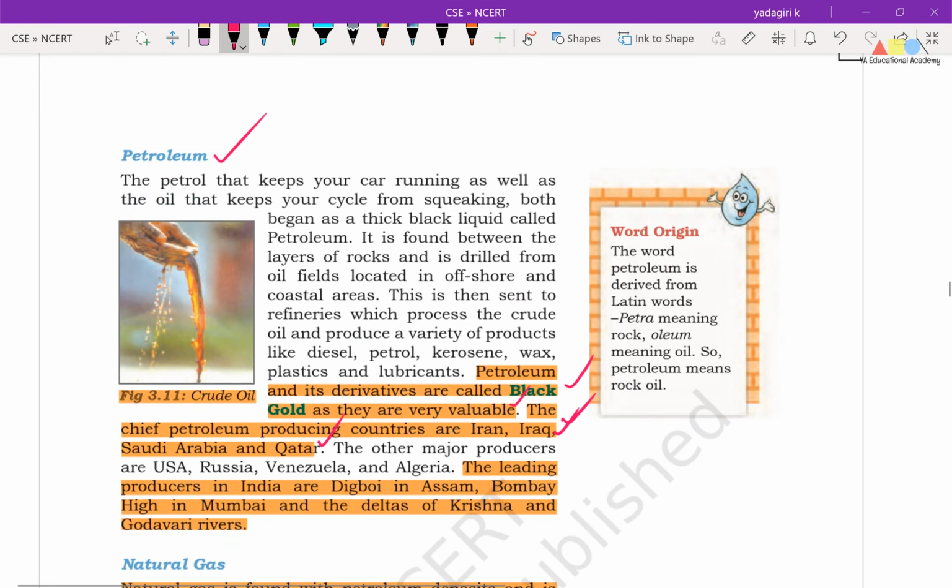Right friends, the leading producers in India are Digboi in Assam, Bombay High in Mumbai, and the deltas of Krishna and Godavari rivers. Friends, you should know the origin of the word petroleum. The word petroleum is derived from the Latin words petra, meaning rock, and oleum, meaning oil. So petroleum means rock oil.